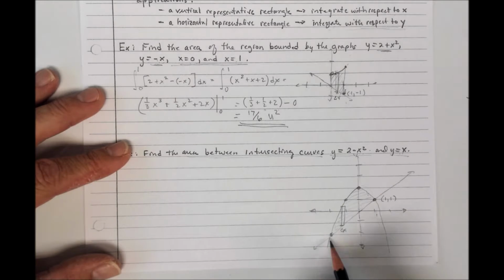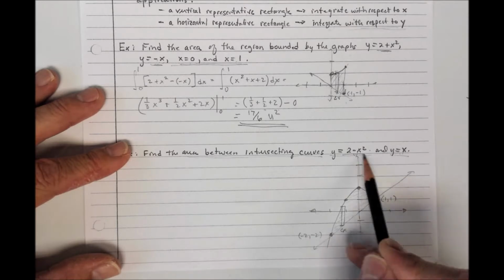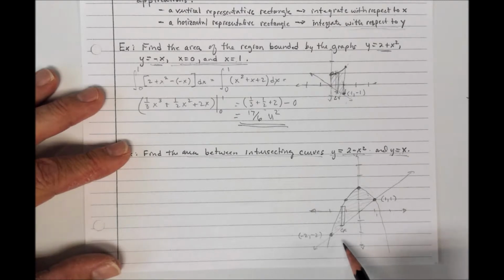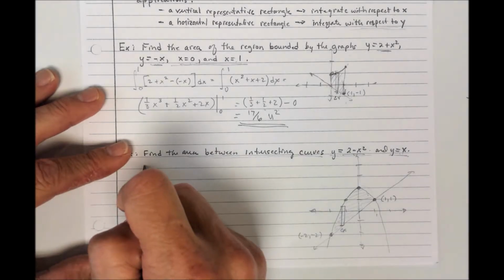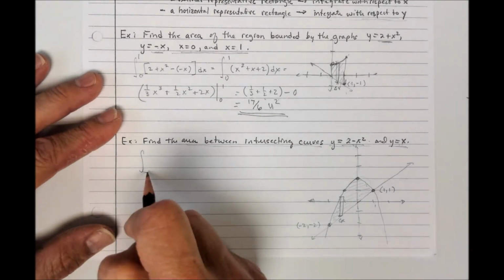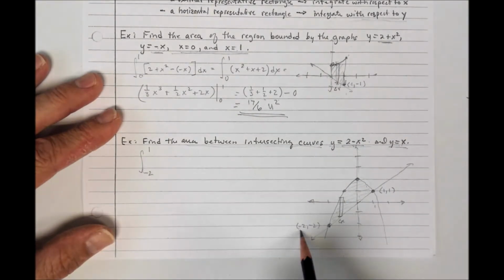And it looks like this point here is -2, -2, and it is. But if it's not so obvious, set this equal to this, solve the system simultaneously, and find those x values so that you can determine what your x's run from. So in this case, my x's are running from -2 to +1.